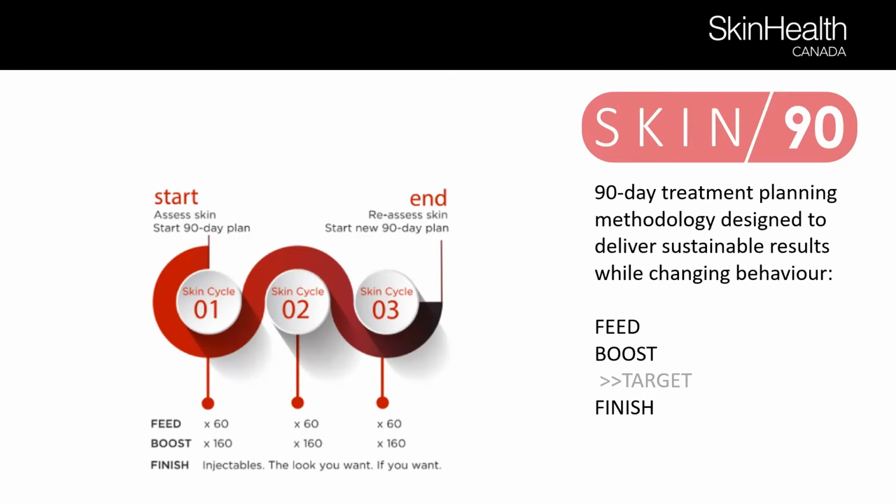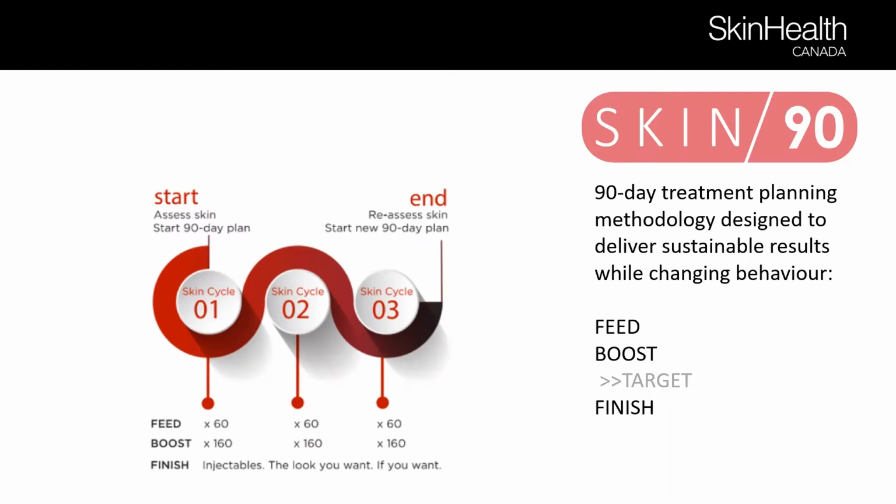Boost is essentially what you're going to bring them into your clinic to do. Target is targeting specific skin issues. So in this case, for example, targeting dehydrated skin. And then finish is really about how to integrate injectables into a practice and into a treatment plan. So it's ultimately the end product.